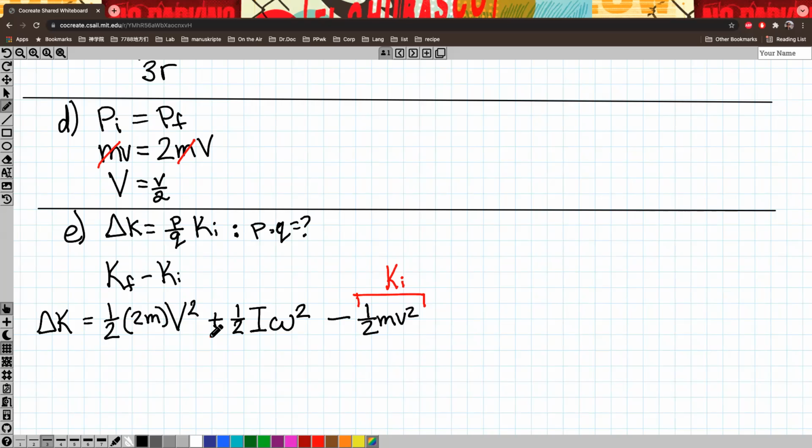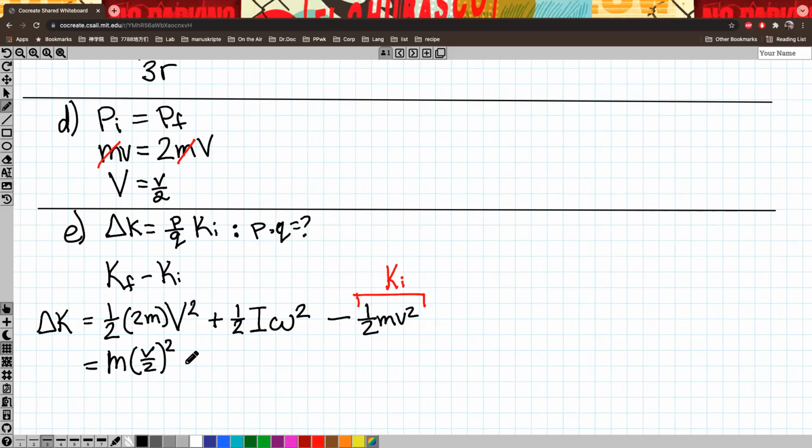Well, for omega, there's only a final omega, no initial. But for linear speed, yes, we could change capital V into small v over 2. Okay, so we just have m times v over 2 squared.